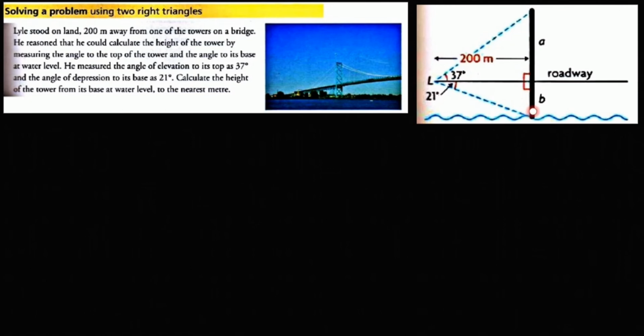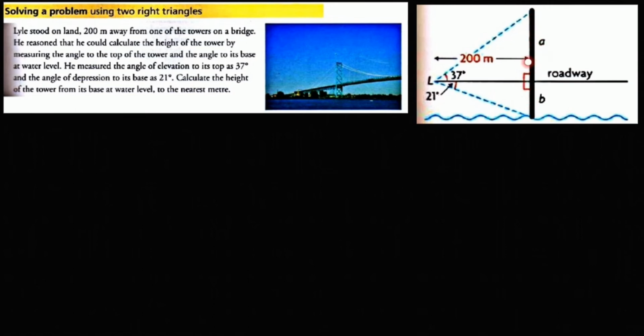This opposite side B is opposite to 21 degrees. In order to determine A, we can use the tangent ratio, because tangent 37 equals A over this adjacent side, 200 meters. And tangent 21 equals B, the opposite side, over the adjacent side we know, so we can determine A and B, and then calculate the whole height, A plus B.